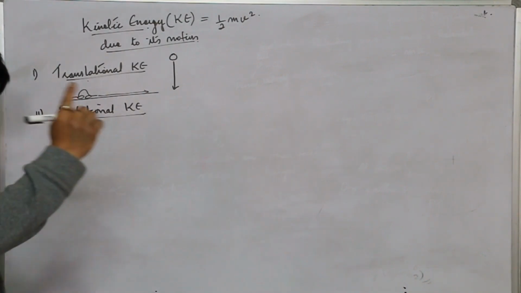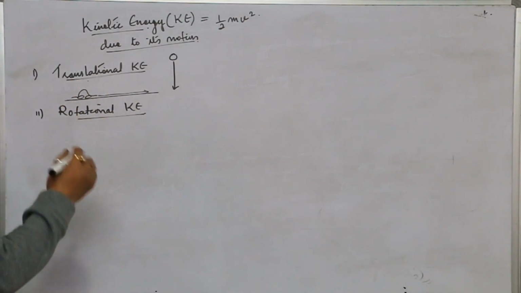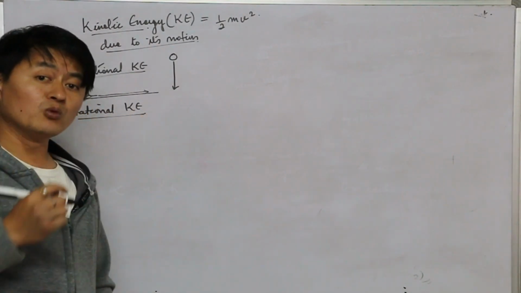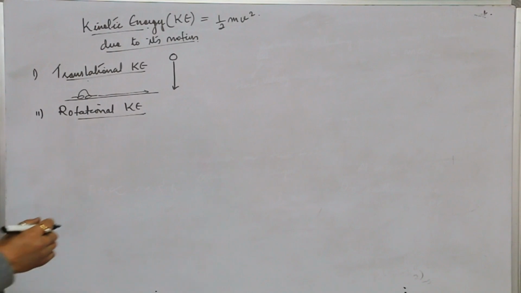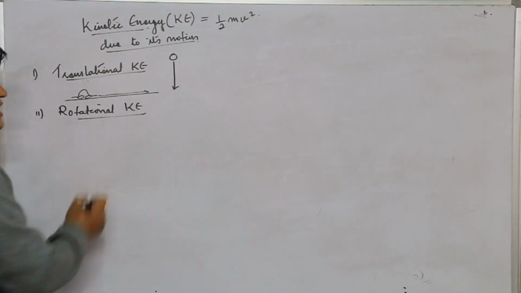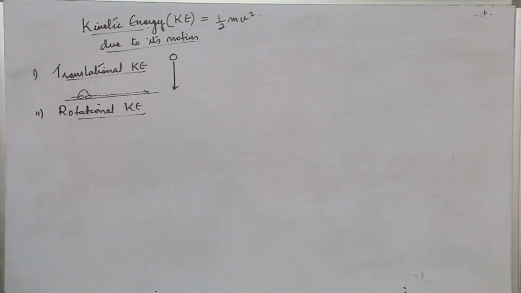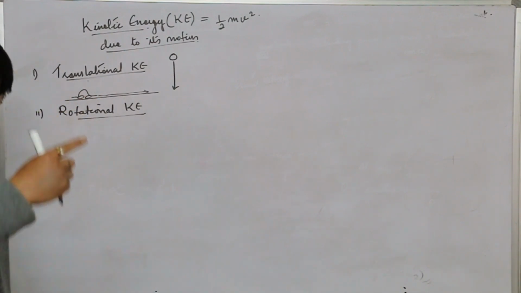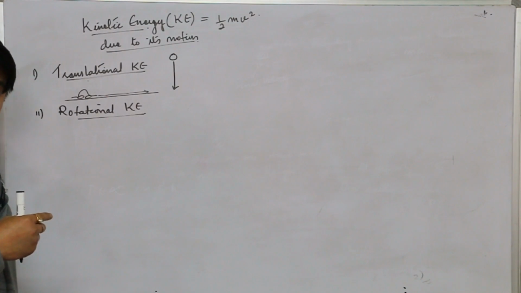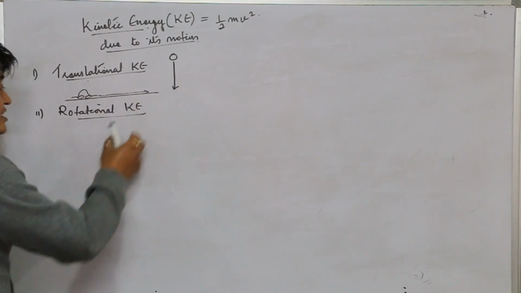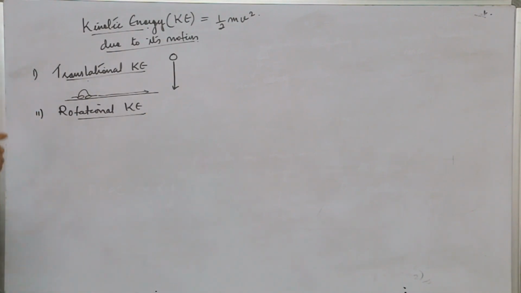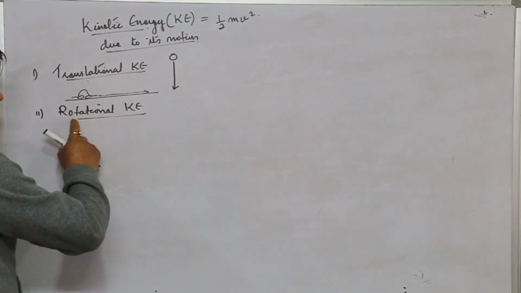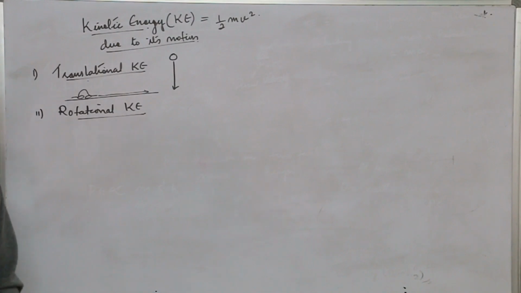The kinetic energy possessed by the rotational motion of the fan is the rotational kinetic energy. When the car is running, the wheel of the car is rotating about its axis, and the kinetic energy possessed by the wheel of the car in a rotational motion is called rotational kinetic energy.